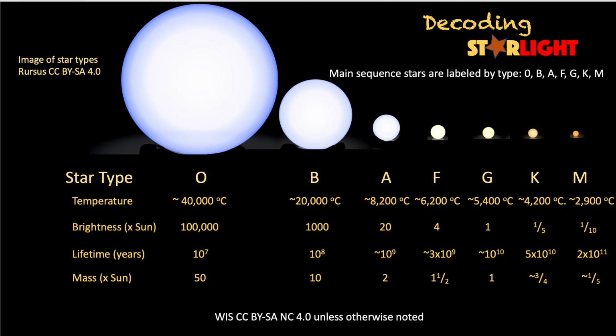And you'll see that as you go across, the temperature is decreasing, the brightness is decreasing, the lifetime for that type of star is actually increasing, and the masses are compared to the Sun, with the G-type being 1 because our Sun is 1 times the mass of the Sun.